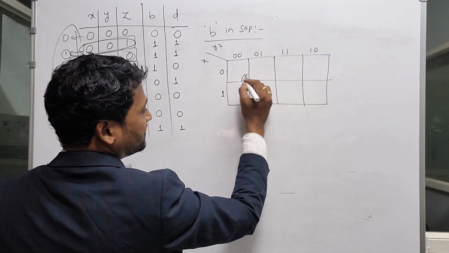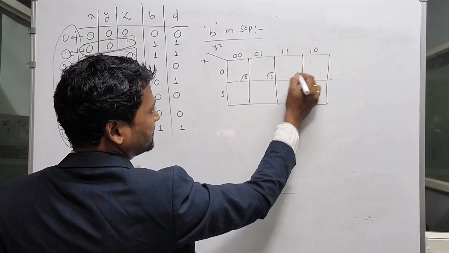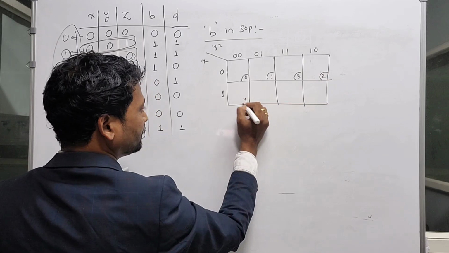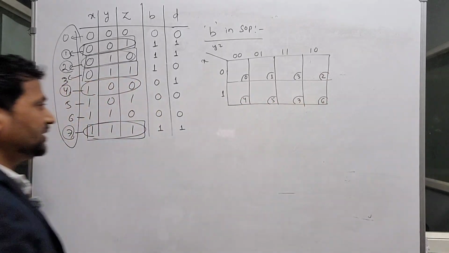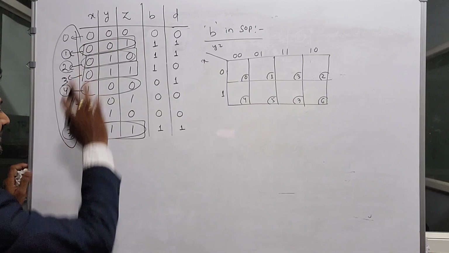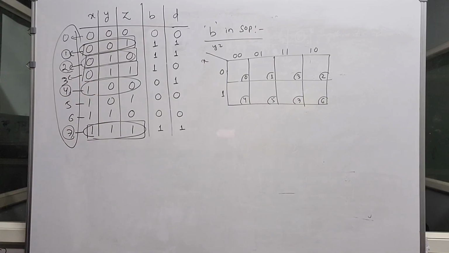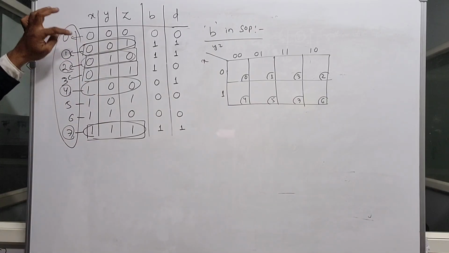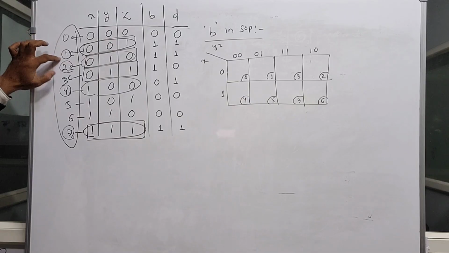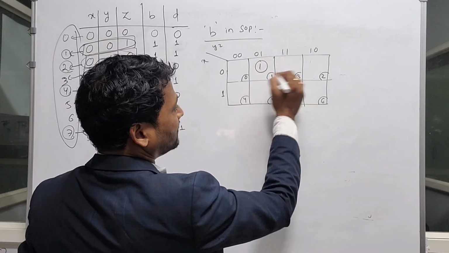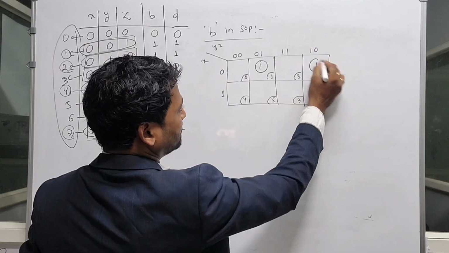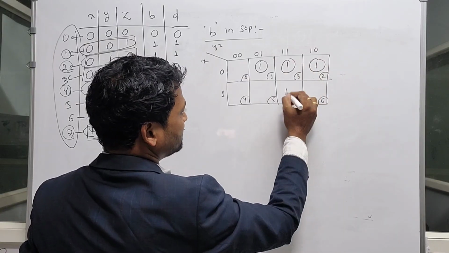So corresponding decimal are 0 1 3 2 4 5 7 and 6. Then you mention 1 in this respective place. We got 1 in which place? 1 2 3 and 7. Just mention here in place of 1 2 3 and 7.